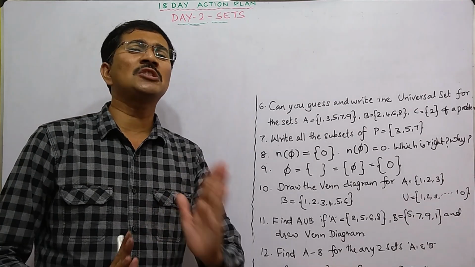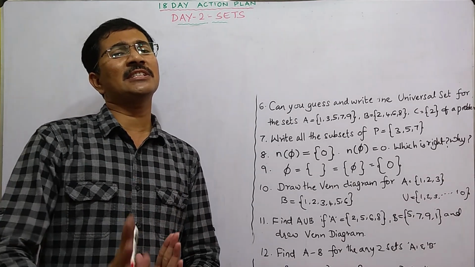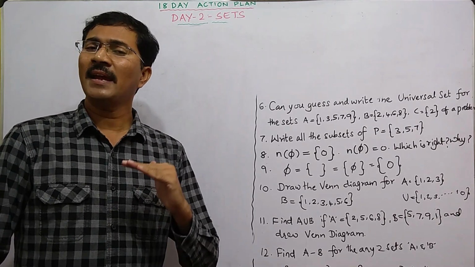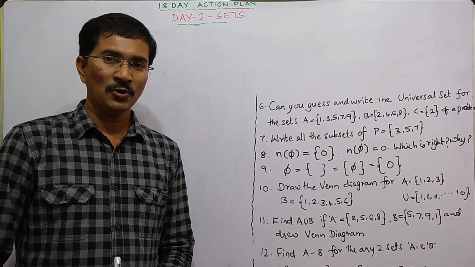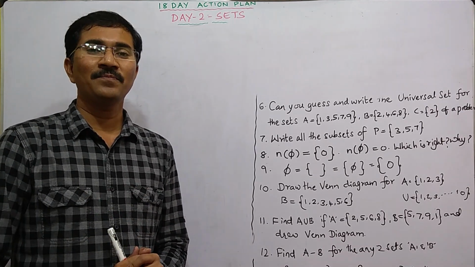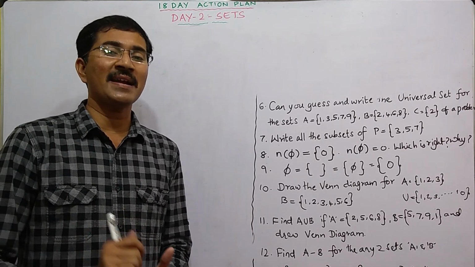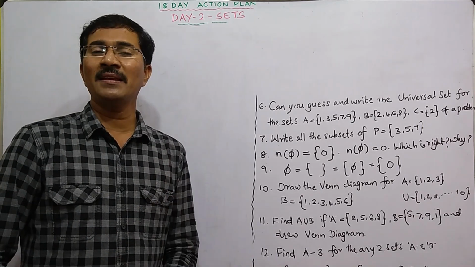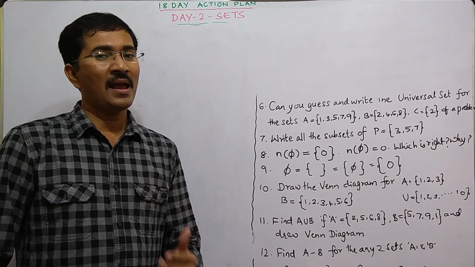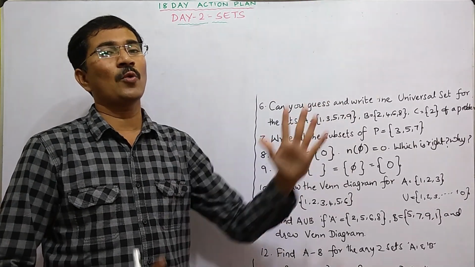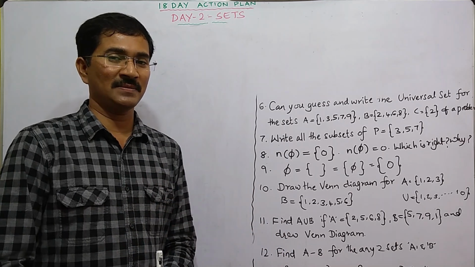Go and ask any student which is the easiest chapter in 10th class. 99% of students say it is sets. So what I now say is, it is an easy ball to a batsman, and a good batsman never leaves a loose ball. A loose ball has to be converted into a six so as to maximize the benefit.